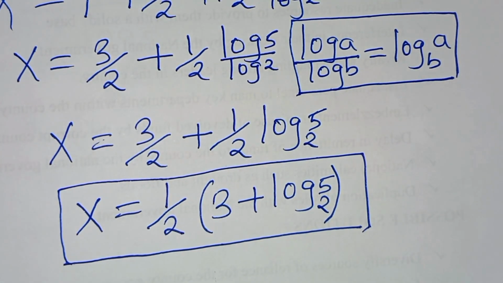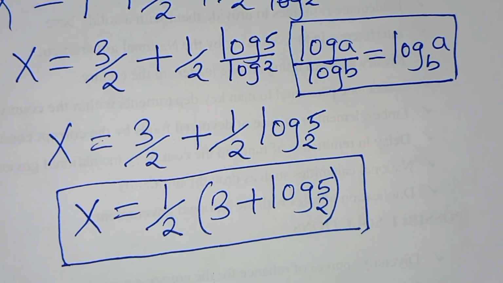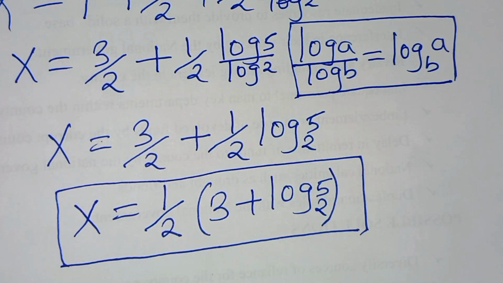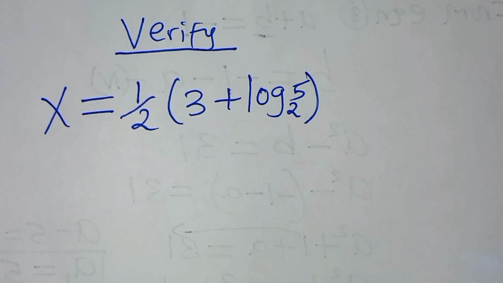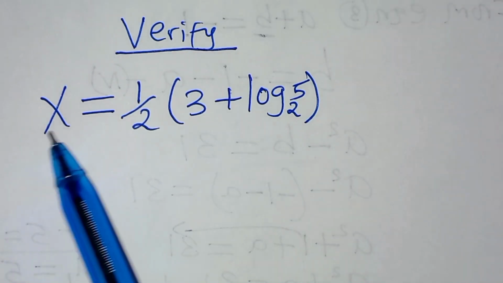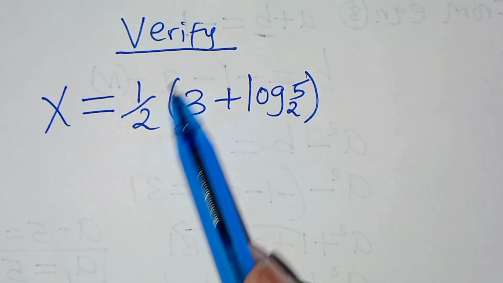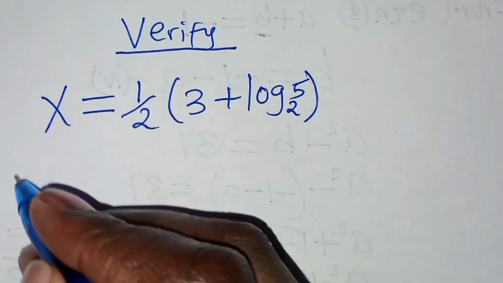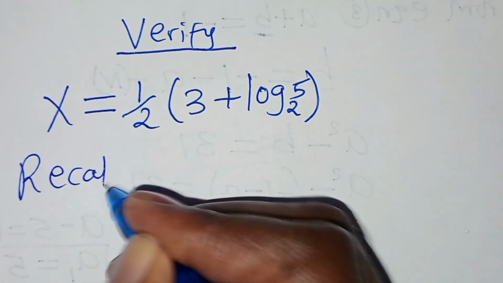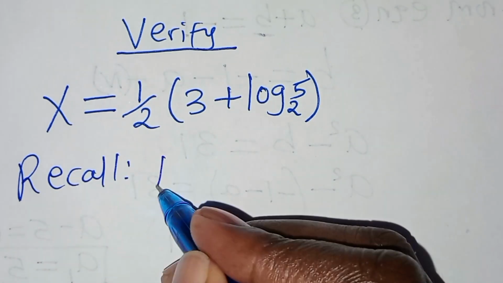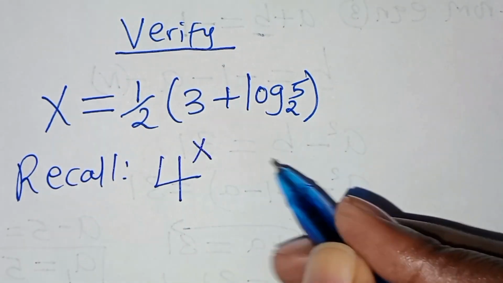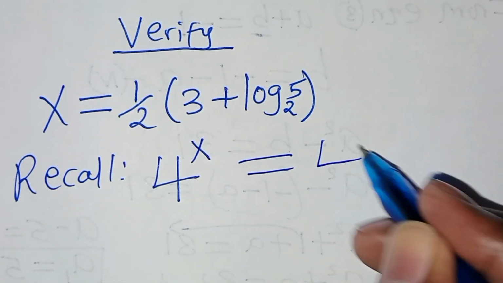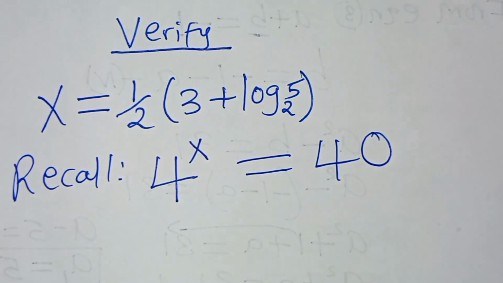So let's verify that this value of x actually satisfies the equation by following these steps. Now, let's verify that this value of x, which is a half into the parentheses 3 plus log 5 to base 2, actually satisfies the equation. If you recall, 4 to power x should give us a value of 40.